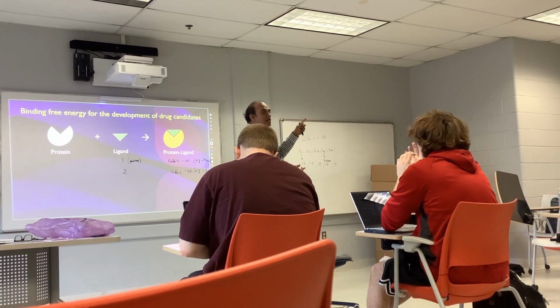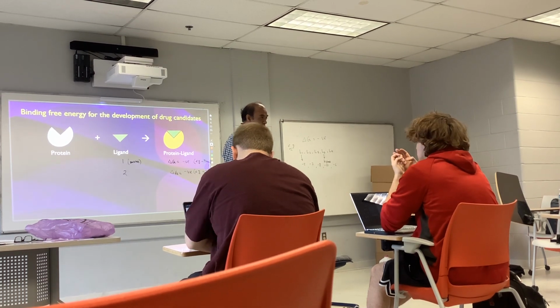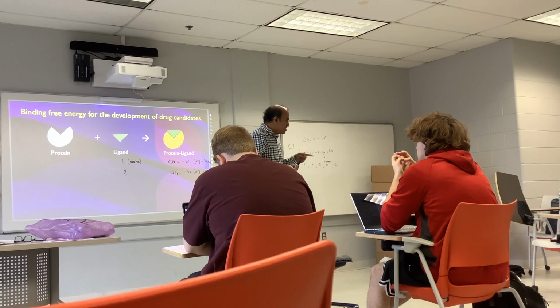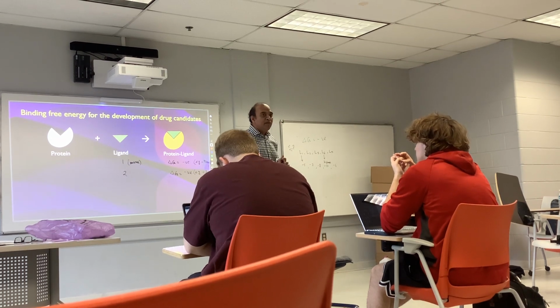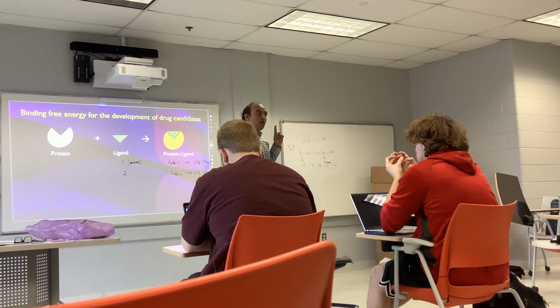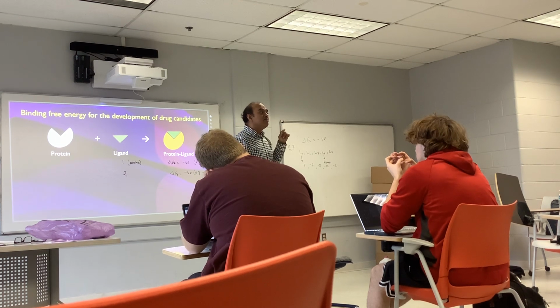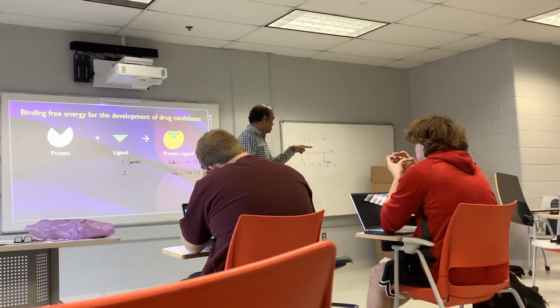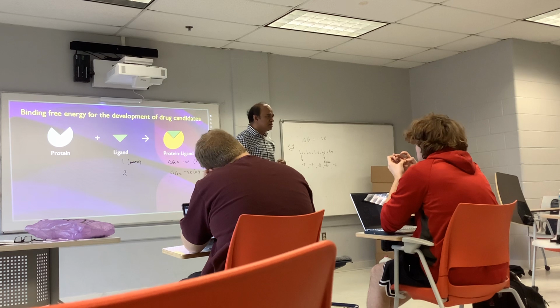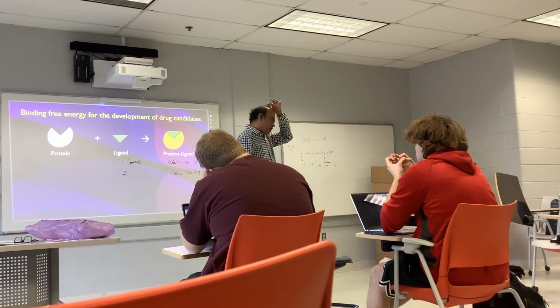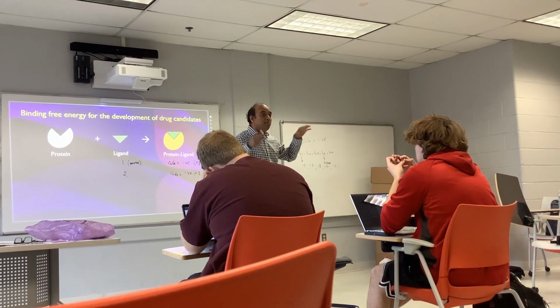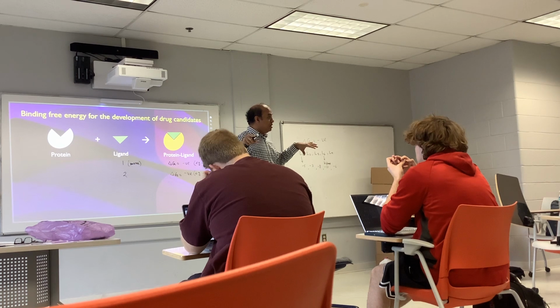So let's say COVID. You know Paxlovid, right? We discussed that before. The main ingredient of Paxlovid is called nirmatrelvir. Some of you have done that in our presentation. Nirmatrelvir was made by Pfizer, right?